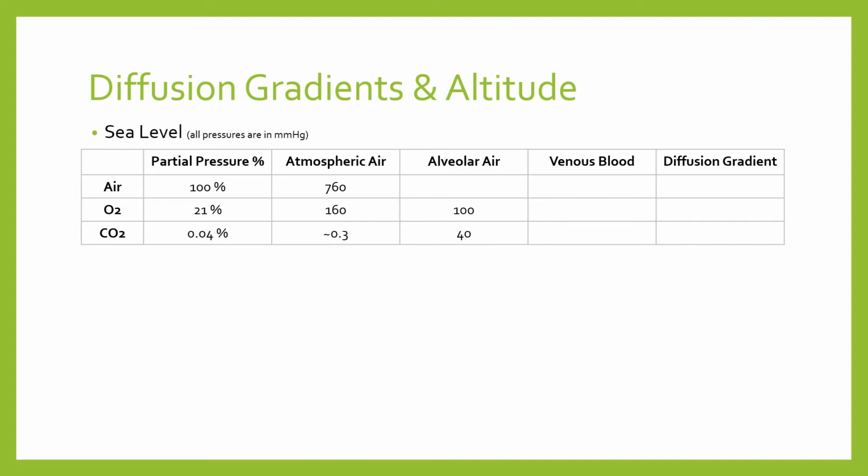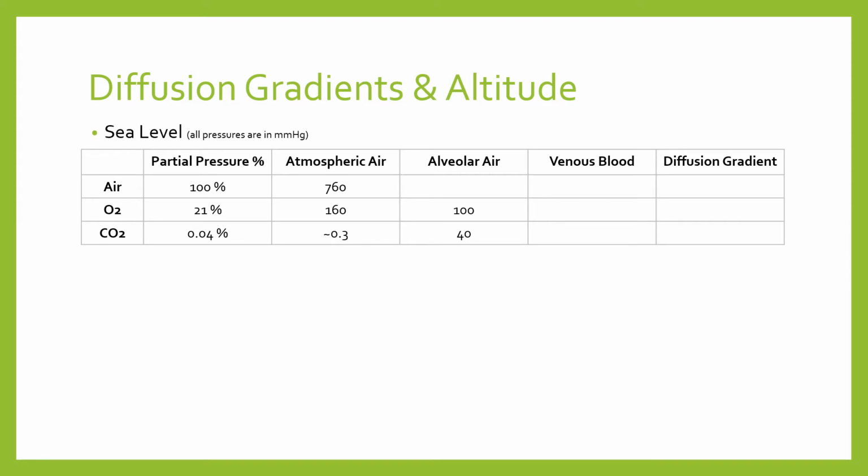Once that air is breathed in and it gets into the alveoli, it mixes with the residual volume of air that's already in the alveoli. So by the time it hits the alveoli, we're looking at air that contains approximately 100 millimeters of mercury. That is the partial pressure of oxygen in the alveoli.